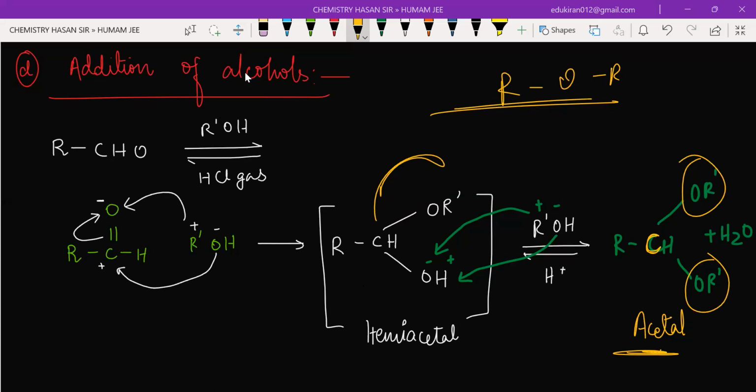Very simple reaction it is. Please do write it and let me know. Then I'm going to write a point about this. Then we will react, this is for aldehyde. We will go for ketone as well.